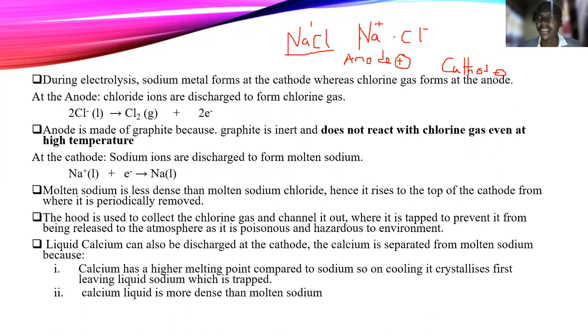So you realize that, go to the property of a magnet. The property of a magnet says that unlike poles attract and like poles repel.